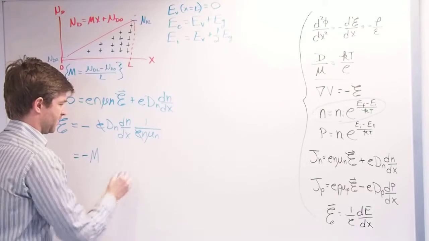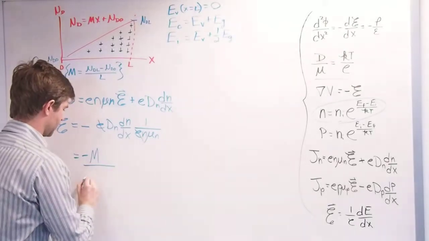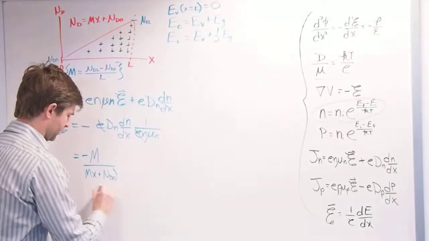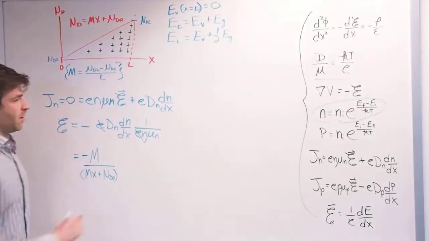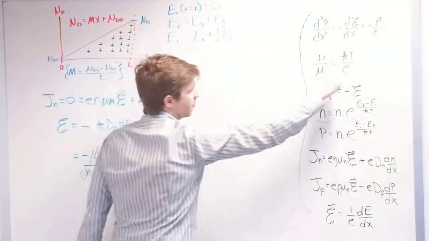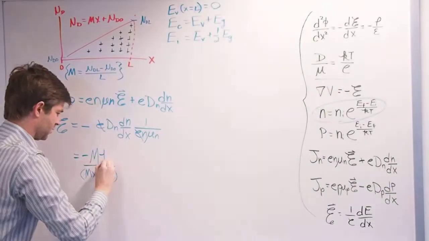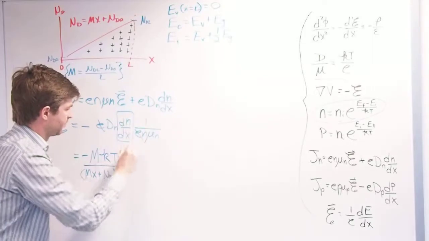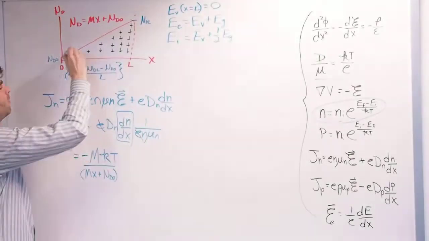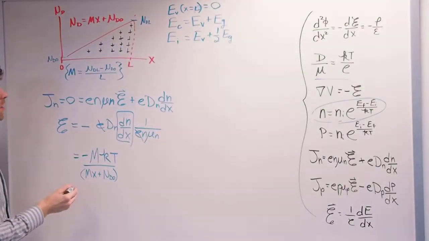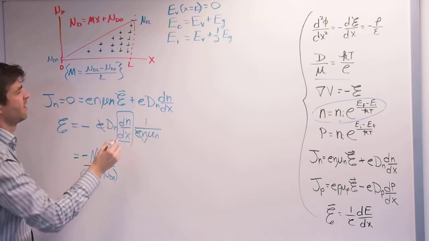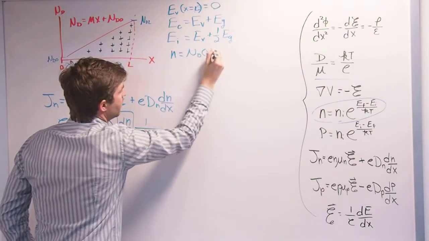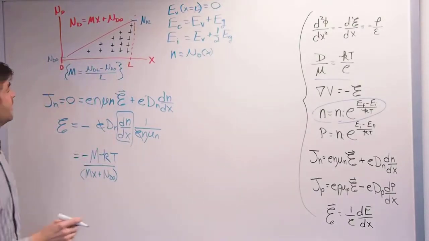And what is n? Well, n is just our equation, mx plus nd naught, and then we have a kt because we use this term. What else? Oh, what's dn over dx? dn over dx is the slope of this line, it's our gradient, because we're saying 100% ionization, which means n is equal to n of x, everything. So that's just m.